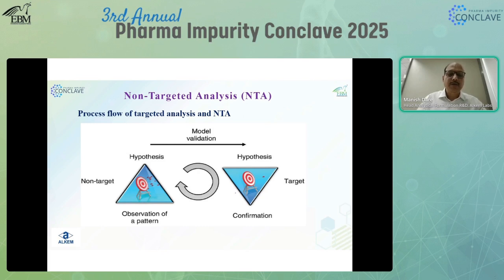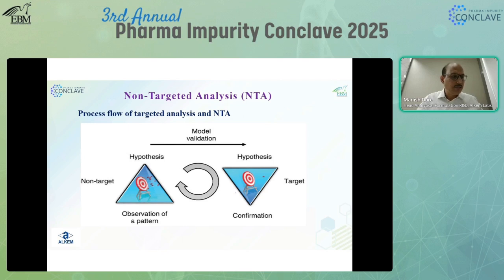Once we define the specification for the particular impurity, we go to post-approval. If any unknown impurity comes up during batch analysis, commercial analysis, or stability analysis, then we have to go for a complete investigation on the hypothesis, use a high-end instrument like mass spectrometry, and confirm that particular impurity.